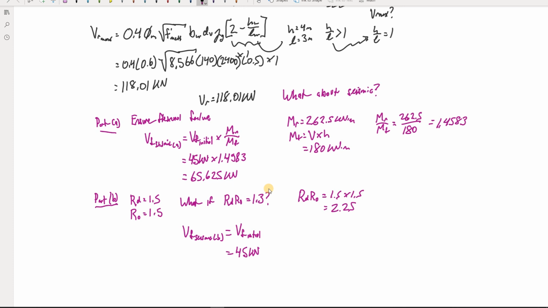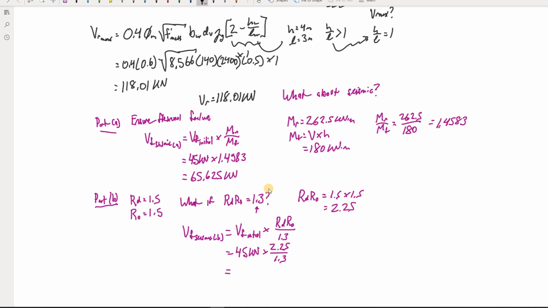So what we're going to do is multiply this by this factor of RD, RO, and just divide it by 1.3. The value that was put in here is our hypothetical. Well, what if we only got this much? So we take that initial 45 kilonewtons, we're going to multiply it by 2.25 divided by 1.3.